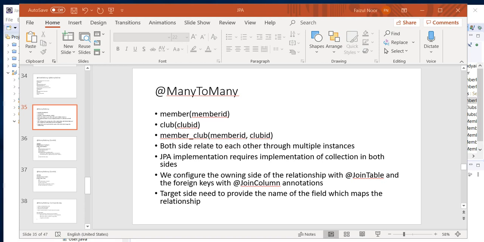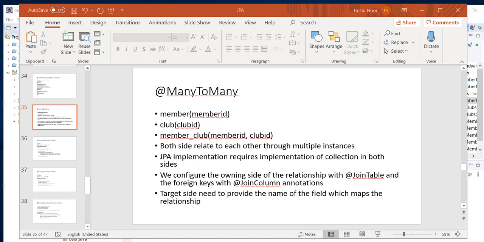Now the JPA implementation requires implementation of collections on both sides. Previously I talked just about the database implementation. Now how we are going to implement that through JPA: the implementation requires that in both the member and club entities we need to have collections, like a set or a list.